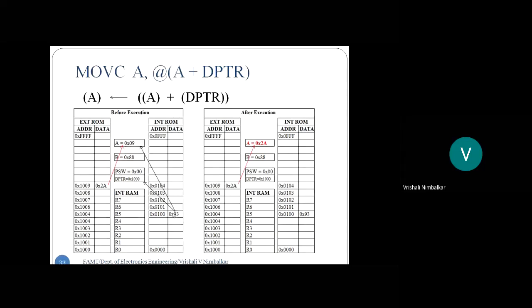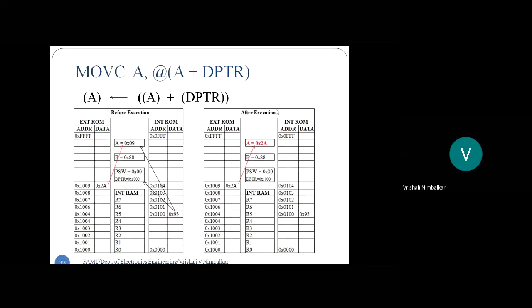Correct? So the single opcode indicates to the microcontroller: take the number from the accumulator, take the number from DPTR, add both of them. This will give you a ROM address. Go to that ROM address 1009, read the data from that address and copy it in the accumulator.